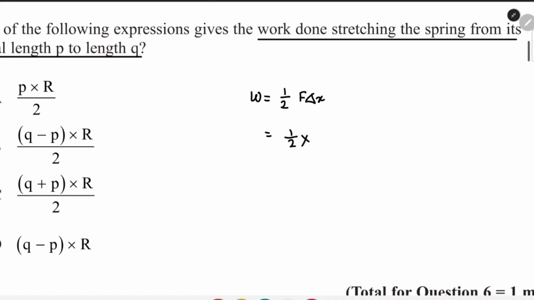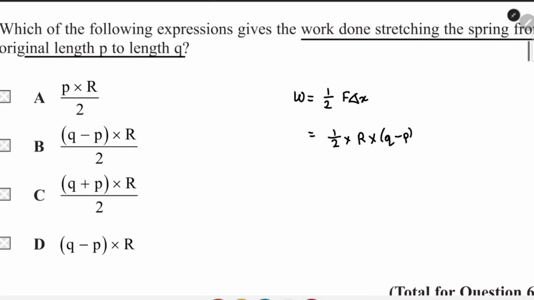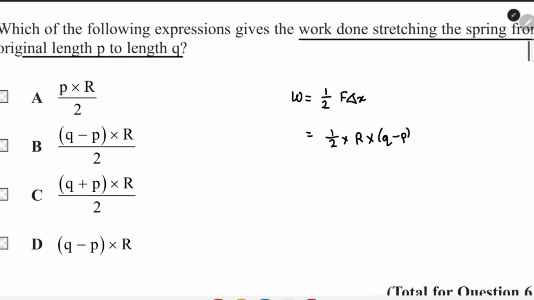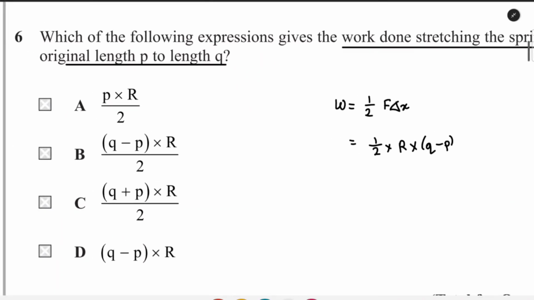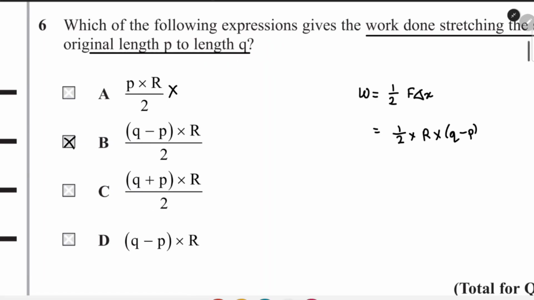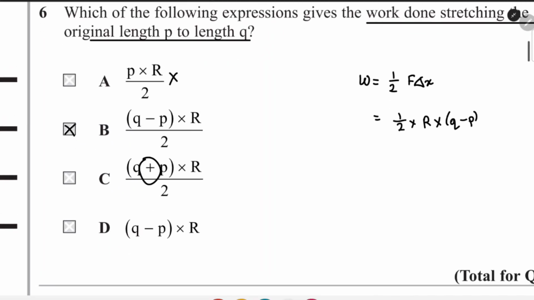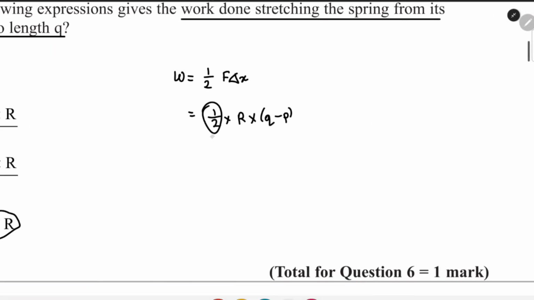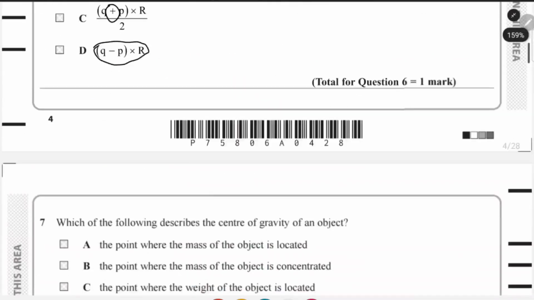So we have half times the force, which is R, multiplied by the extension, which is Q minus P. So we have half into R into Q minus P, and out of the following, B is the answer. It's not P into R, it's not Q plus P, and in this case it's not divided by 2, it needs to be divided by 2 for this half over here. So B is the answer.